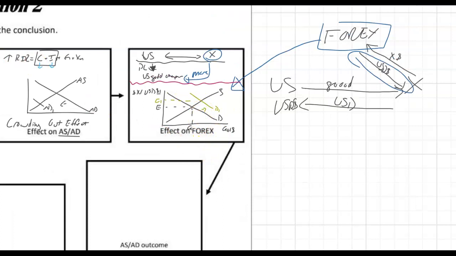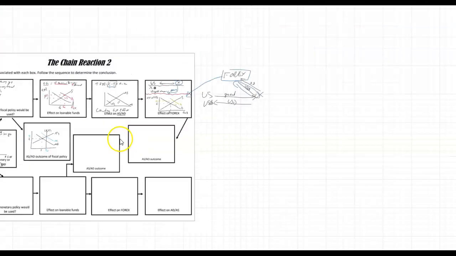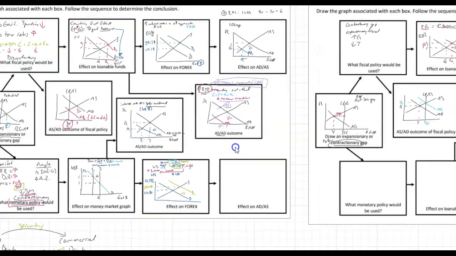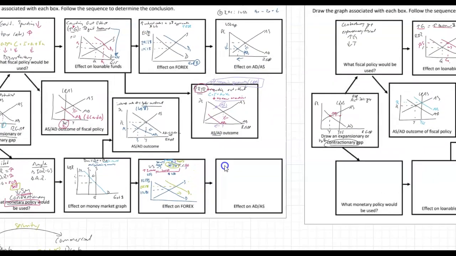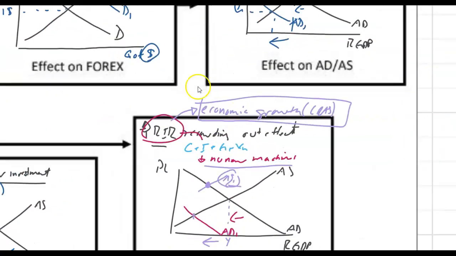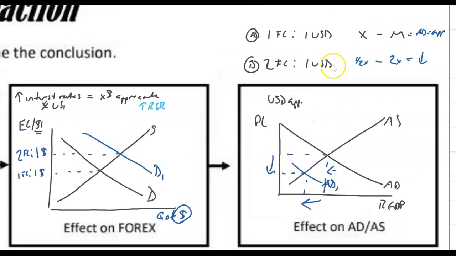How is that going to impact the Forex market? Again, I've already talked about this in part 2. The idea is that if the US dollar appreciates, it's going to be more expensive for that other country to buy it.